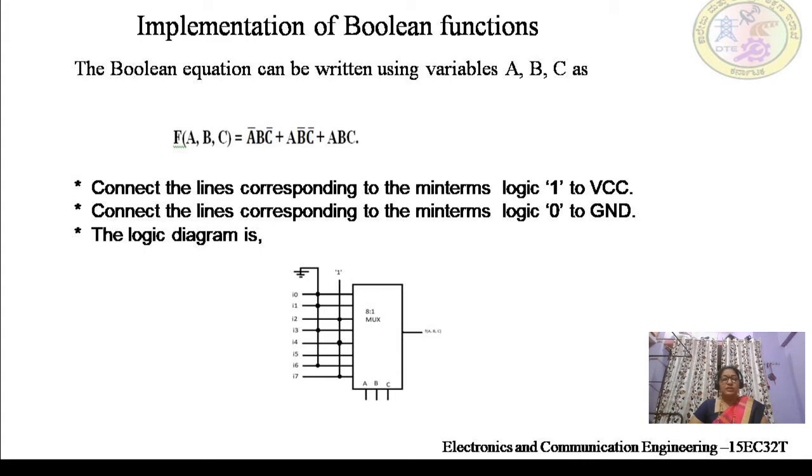So these are some drawbacks of this method. There is a better technique where the same Boolean expression can be implemented using a lower order mux. Here we are using 8:1 mux, and the same thing can be implemented using 4:1 mux.